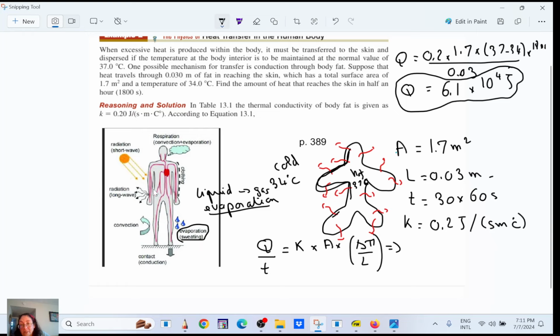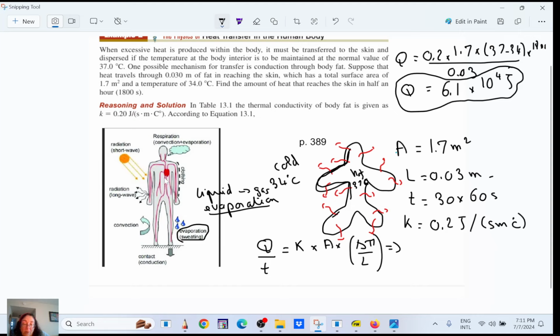A different way is through convection of the blood. The blood gets especially to the hands or to the feet, so it's hot and getting rid of the heat. Now the blood is cooler and it goes over the body.